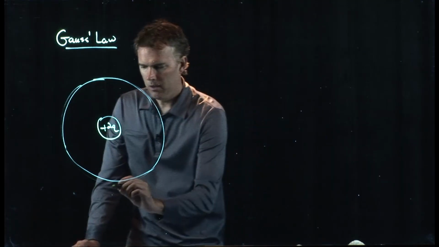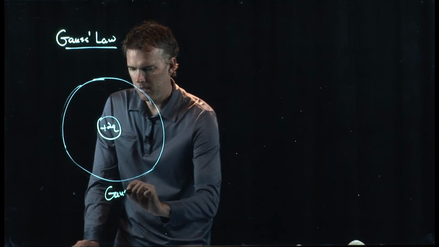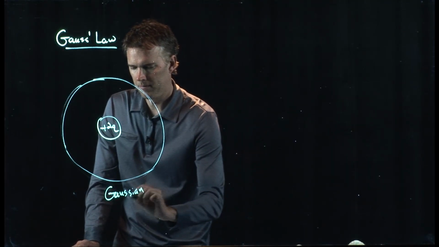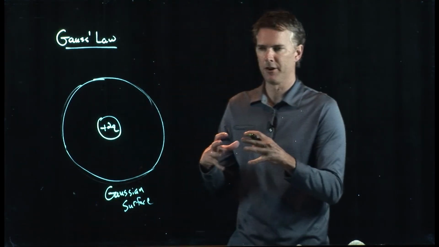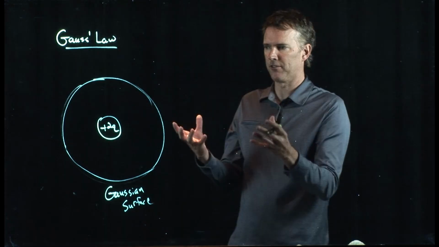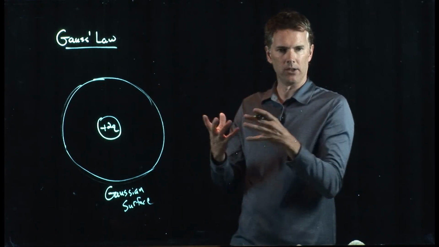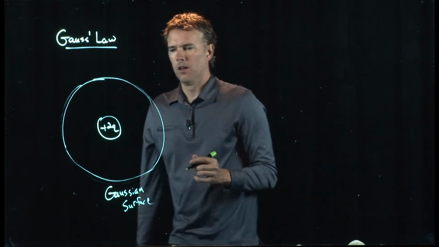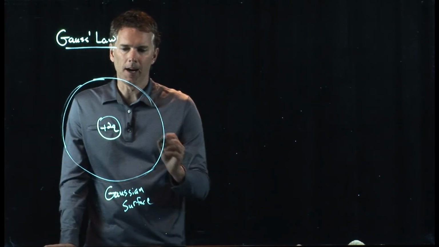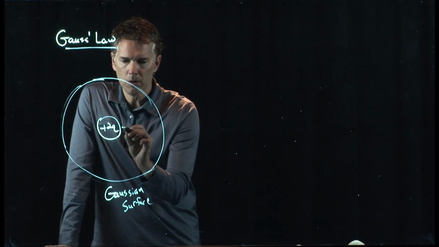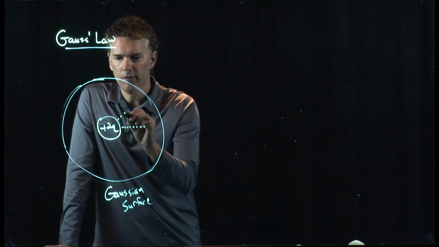And that shell is called a Gaussian surface. In this case, it's a spherical shell. So think like a basketball, right? Just the outside edge of a basketball. Well, let's see if we can figure out what's happening inside. What we said was 2Q is going to give us 8 field lines.